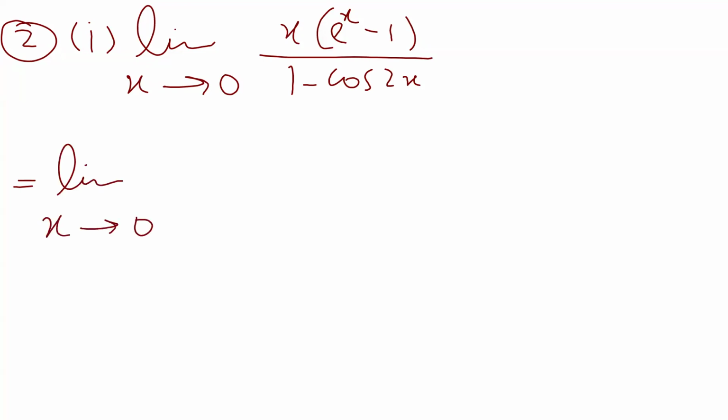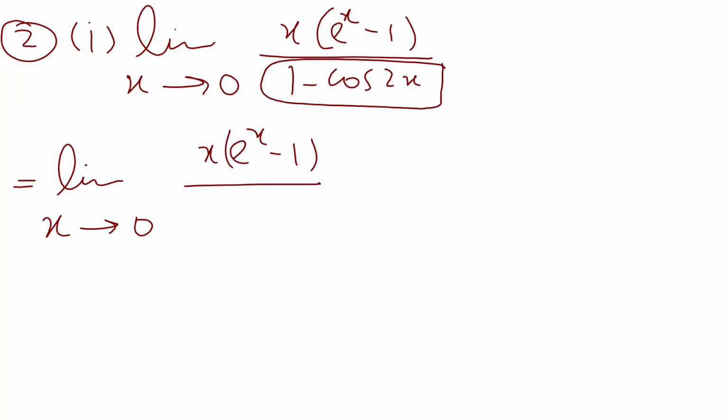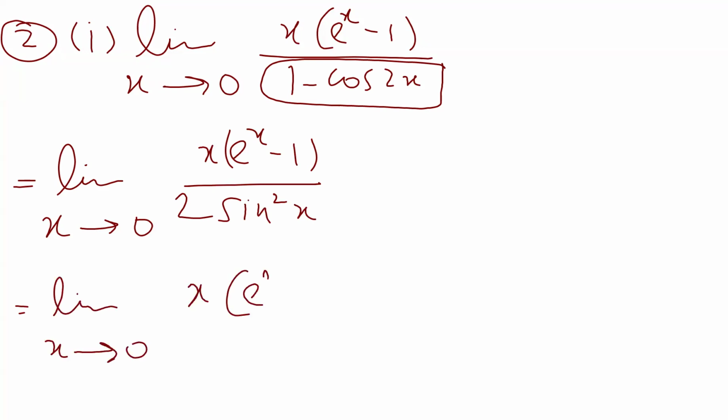Apply the formula over here: 1 minus cos 2x is 2 sine squared x. Limit x approaching 0, x (e raised to x minus 1) upon (2 sine x) the whole square.